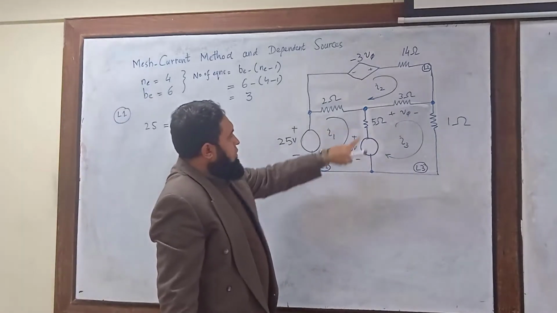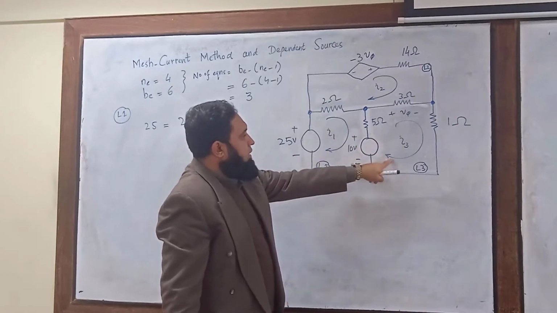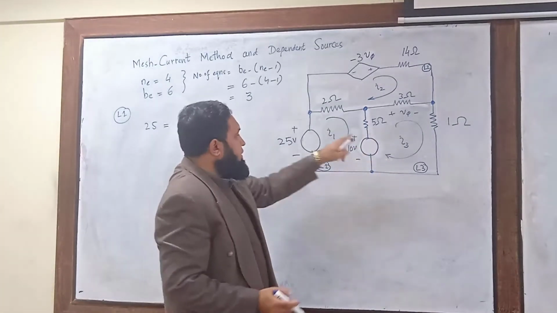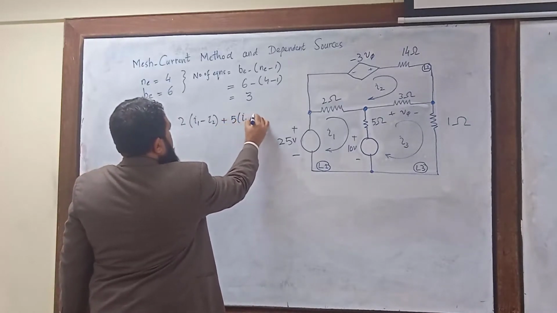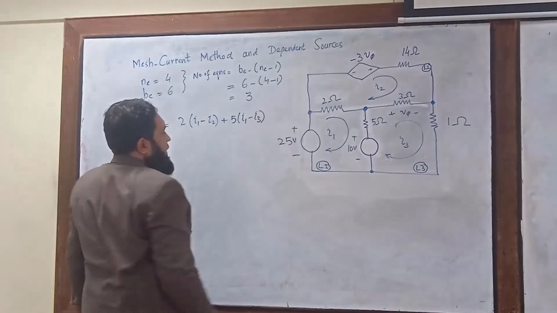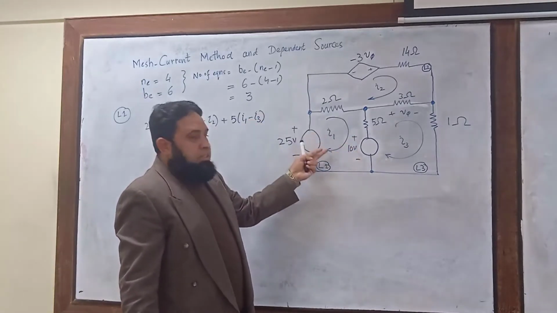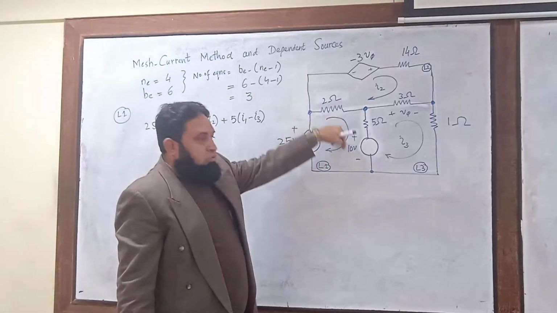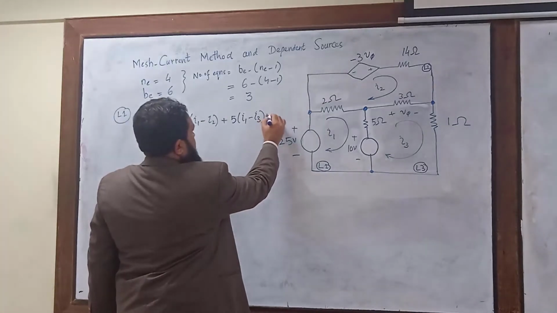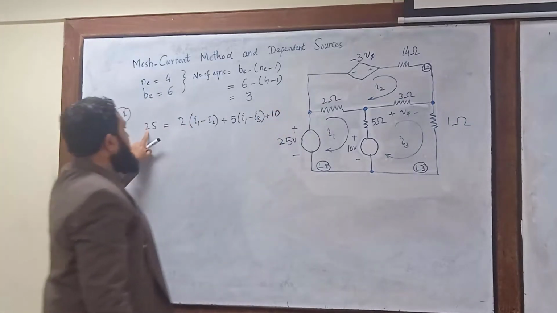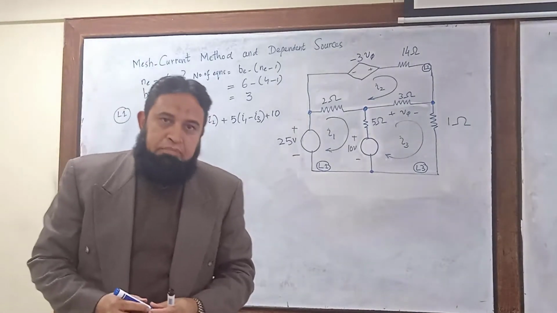Here we have I1 minus I3, because I1 and I3 have opposite directions, so 5 times (I1 minus I3). What about this voltage? Considering current I1, this voltage is supposed to drop. So the voltage rise is equal to the sum of the voltage drops in the circuit.